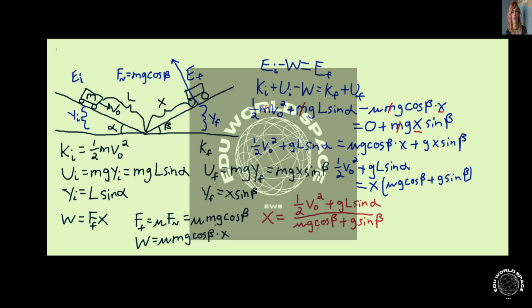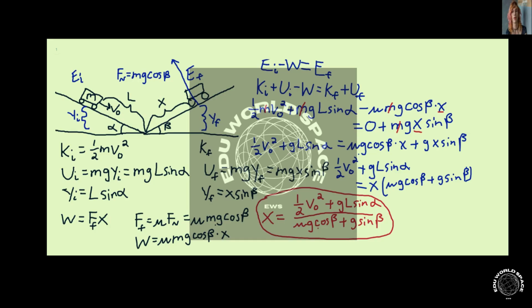You can, of course, manipulate this if you wanted to put it in a fancier form by dividing out g from a bunch of the terms and making it a little simpler. But since we're working symbolically, we might as well just leave it as it is. So there's our final value for x that I've now circled.